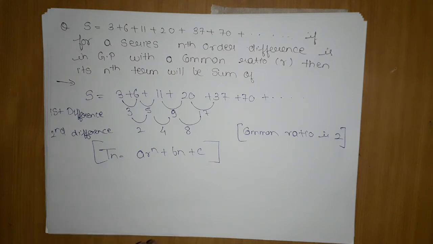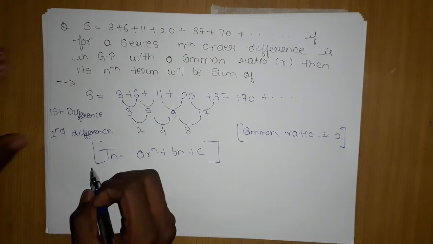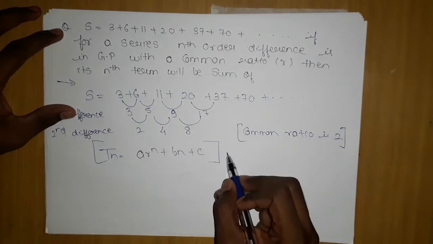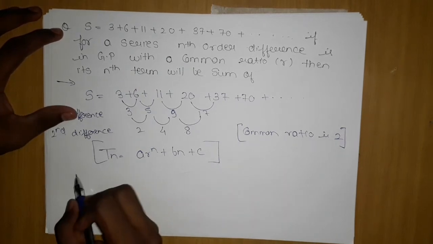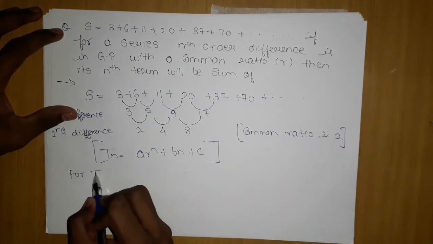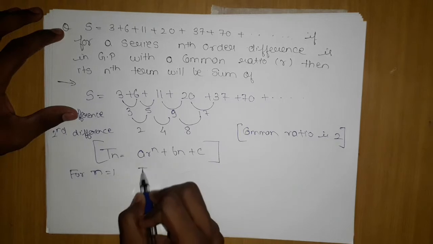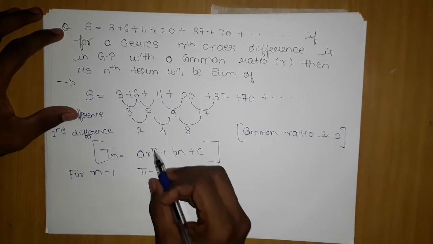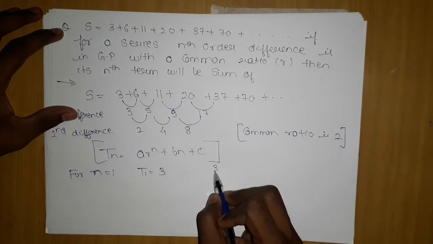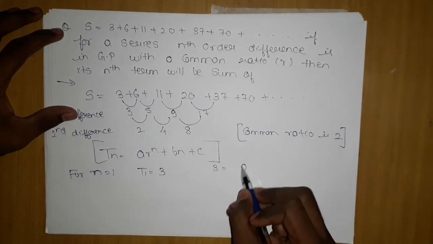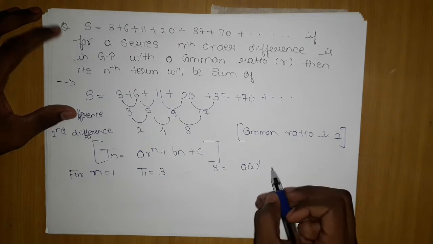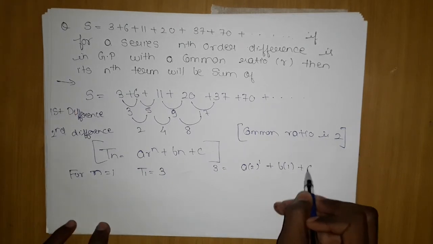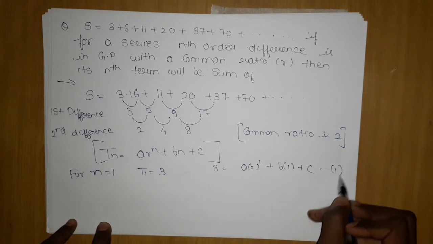By putting n, how we use this thing in GP to get TN is very important. For n equals 1, T1 is 3, and the power becomes 1. So my expression will be 3 = A·2^1 + B·1 + C. This is my first expression.